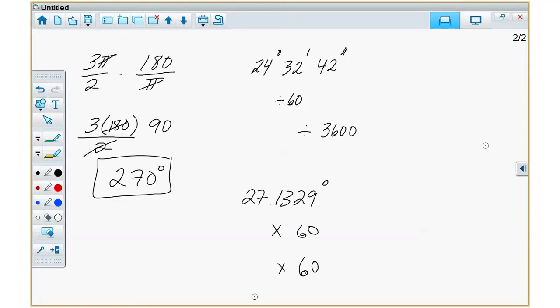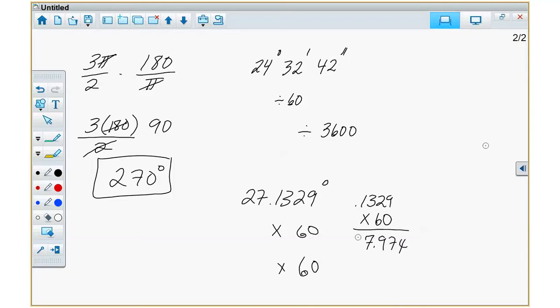So you take 0.1329. Since this one is the one you're going to use the most in the real world, you're going to change this one into degrees. 0.1329 times 60. Somebody do that and tell me what you get. 7.974.